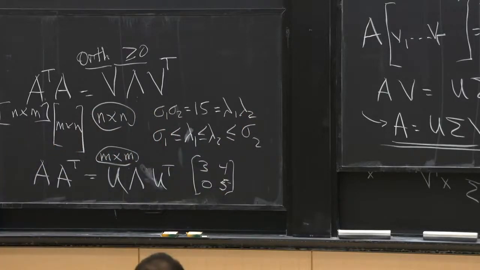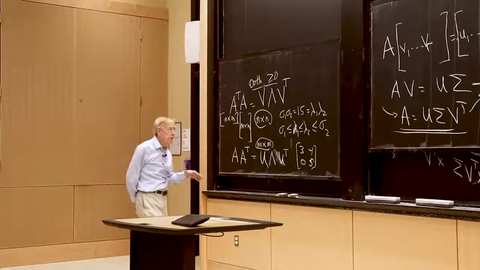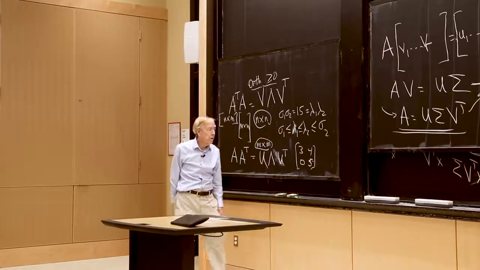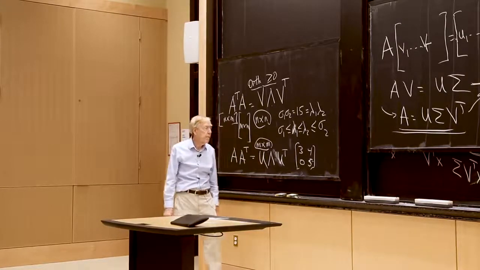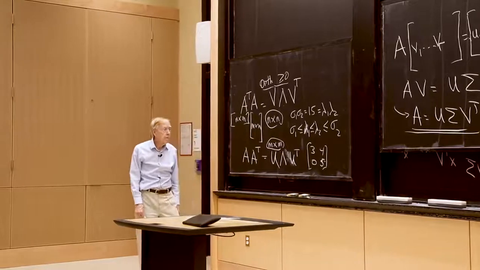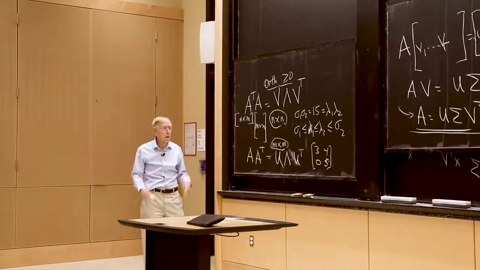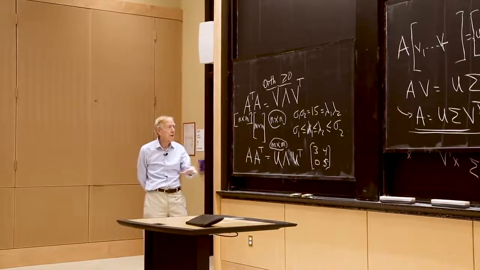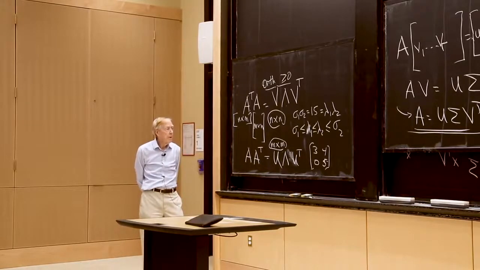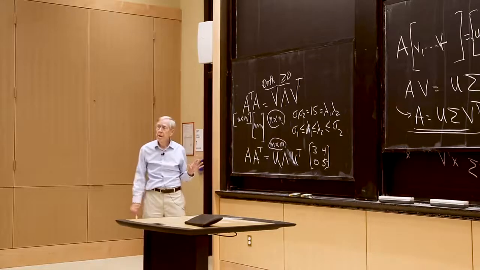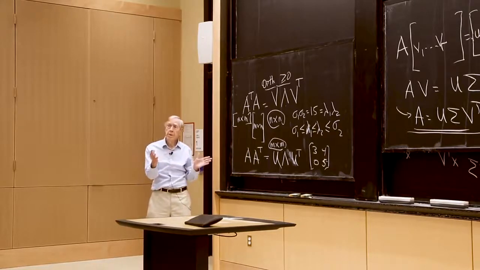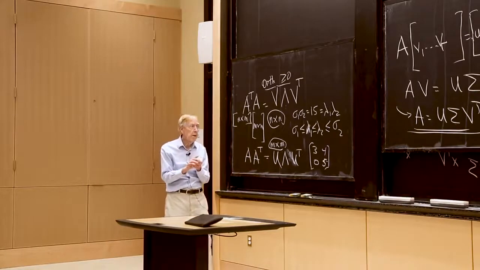But overall, computing examples of the SVD takes more time because you just compute A transpose A, and you've got the V's, and you're on your way. And you have to take the square roots of the eigenvalues. So that's the SVD as a piece of pure math.